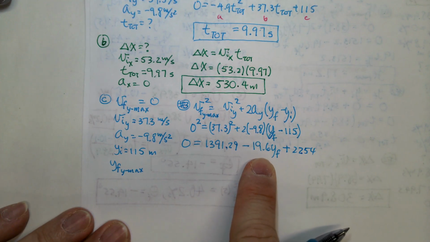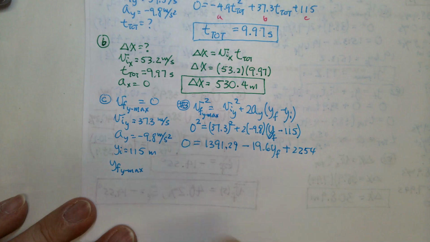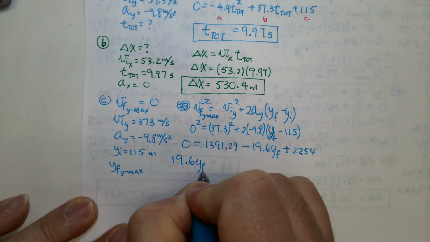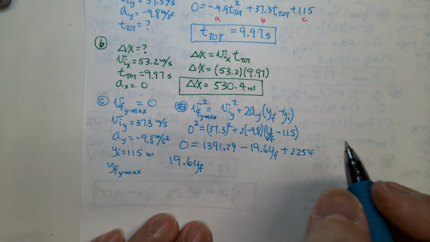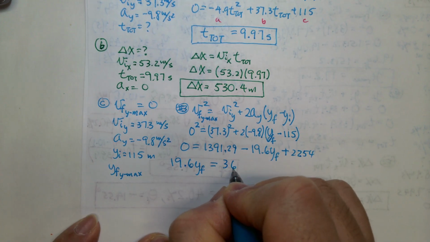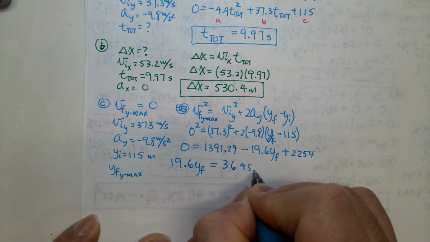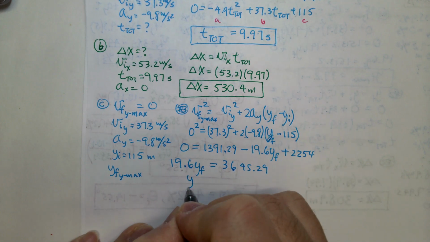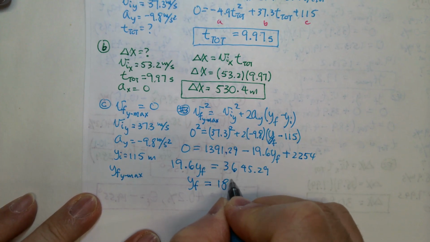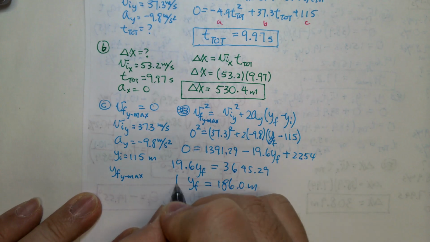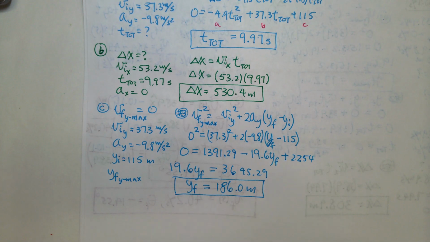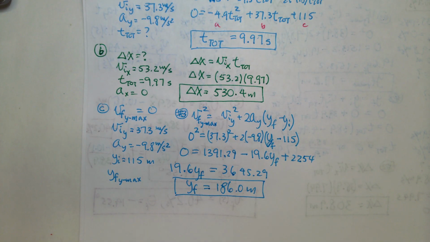So if I bring this negative 19.6 y final to the other side of the equal sign, it becomes positive, and that is equal to this plus that, which is 3,645.29. So my y final at y max comes out to 186.0 meters. So this is how high above the ground that cannonball is going to reach.